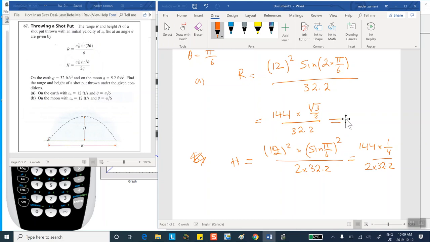So for this number, I get 3, unless I made a mistake.